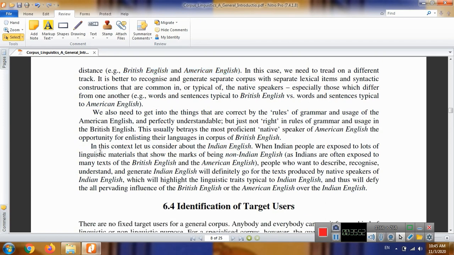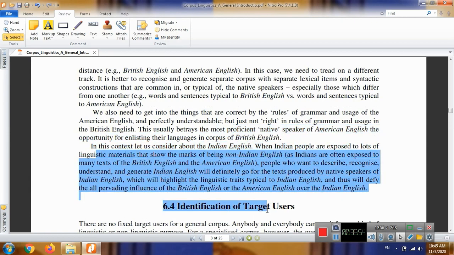In this context, let us consider Indian English, when Indian people are exposed to lots of linguistic materials that show the marks of being non-Indian English, as Indians are often exposed to mainstream texts of British English and American English.